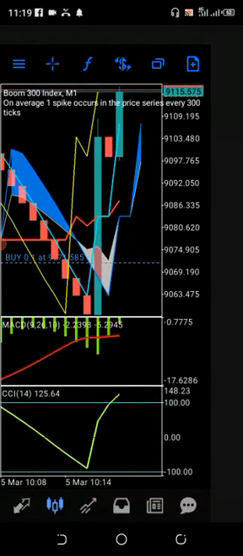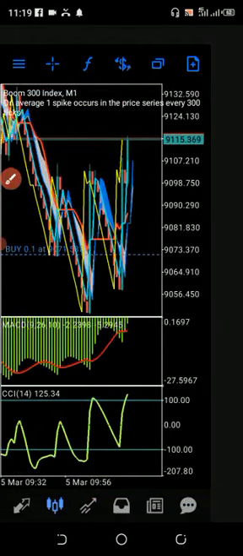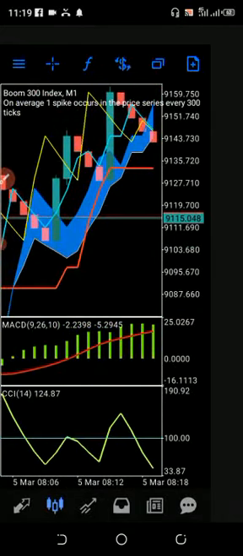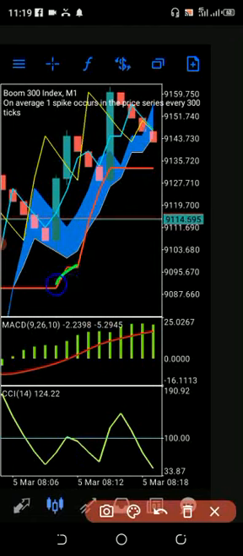the Ichimoku on the main chart has 3 lines: red, green or blue, and yellow. Check those 3 lines.